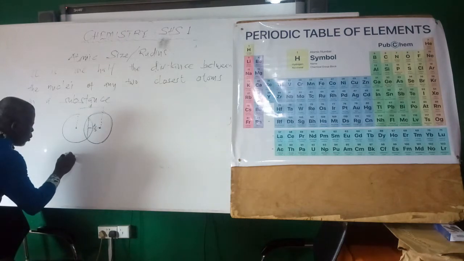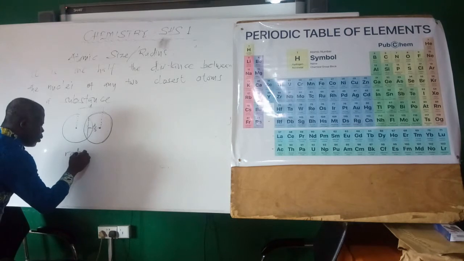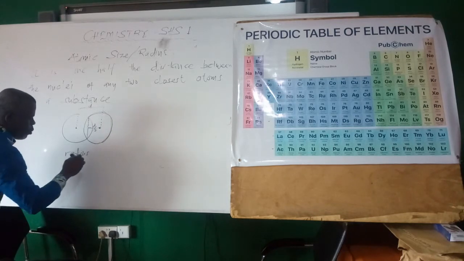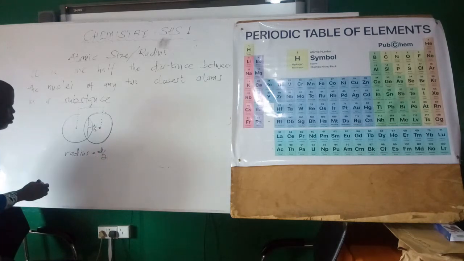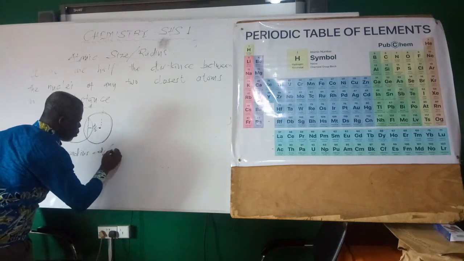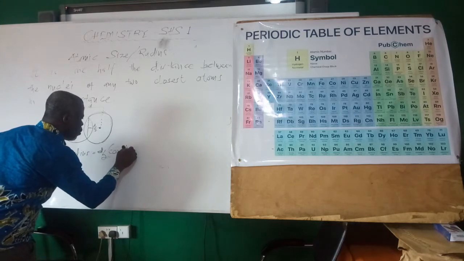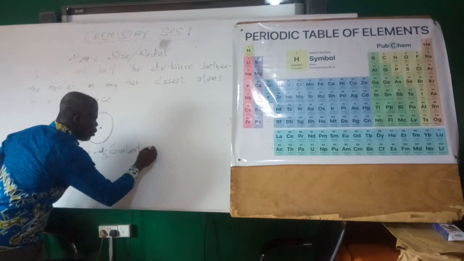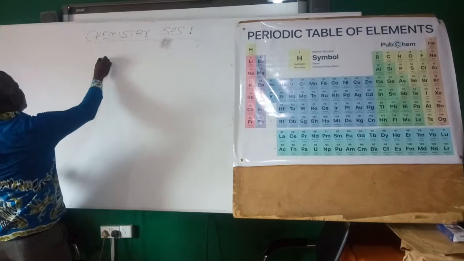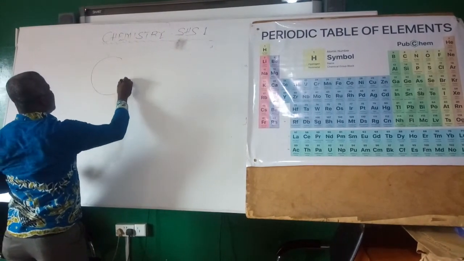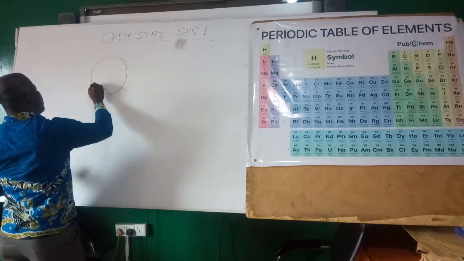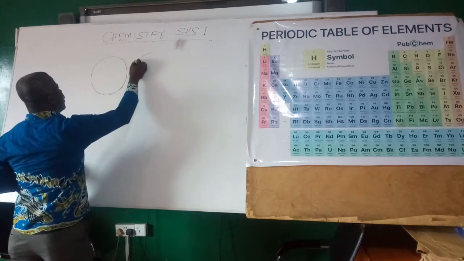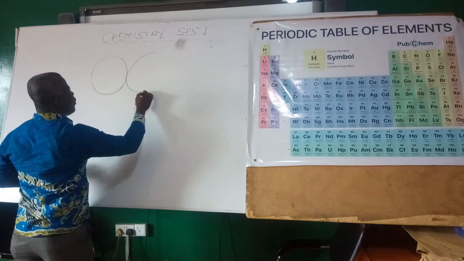So this is the metallic radius. Here the orbitals do not overlap.